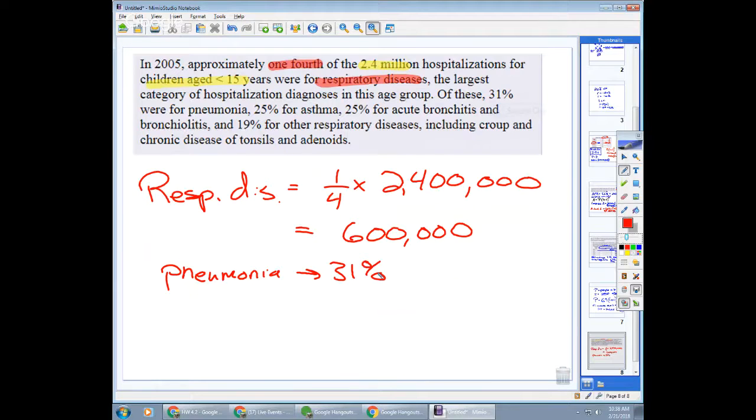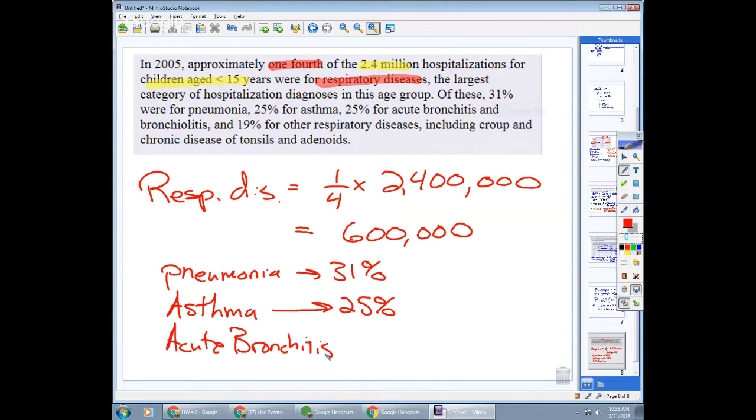Next was asthma, and that's 25%. Acute bronchitis is also 25%. And then there's other kinds of respiratory illnesses like croup, so other respiratory is 19%.